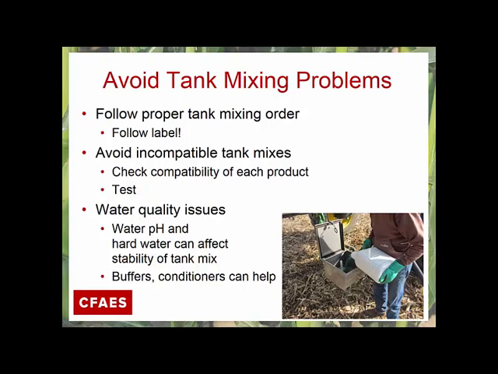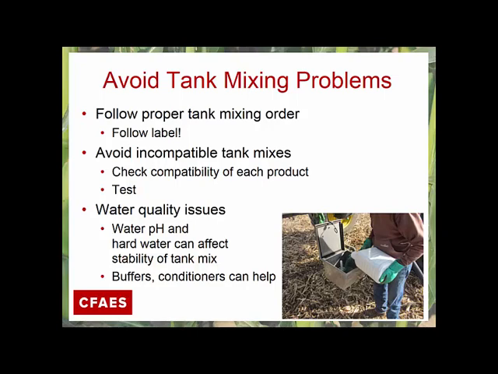Next, I'd like to talk about how to avoid tank mixing problems. Number one, always follow the proper tank mixing order given by the label. For example, a typical mixing order that a label may instruct you would be to add half of the amount of water or liquid fertilizer first, followed by wettable powders, followed by emulsifiable concentrates, and then finally the remainder of the water.